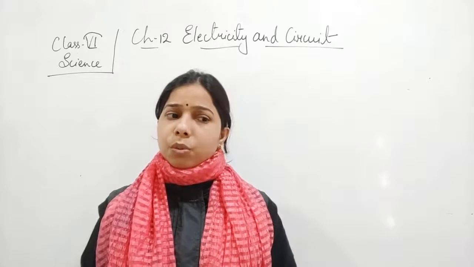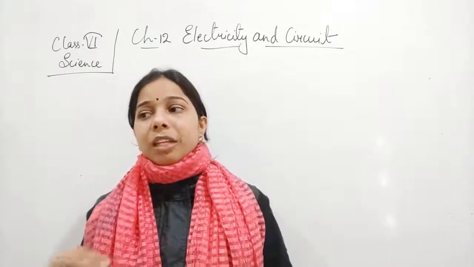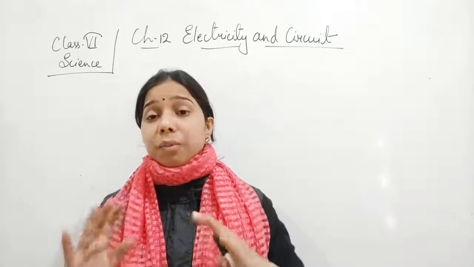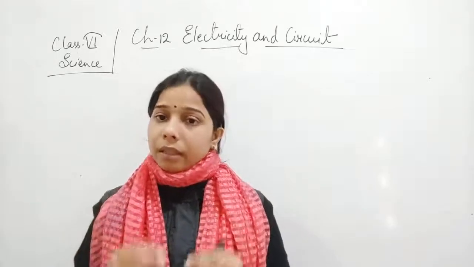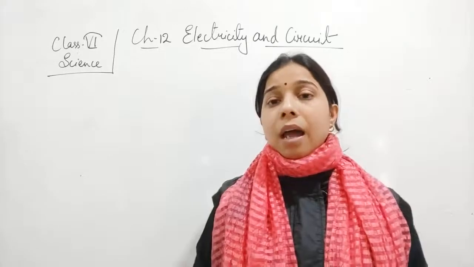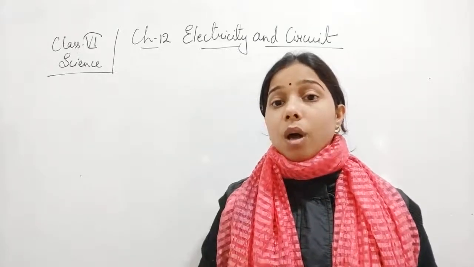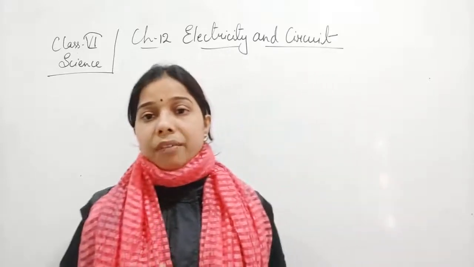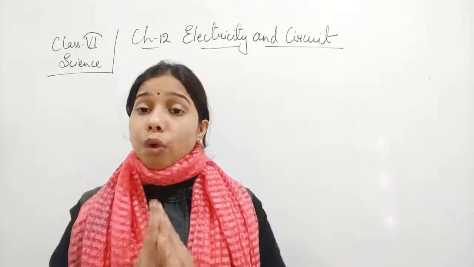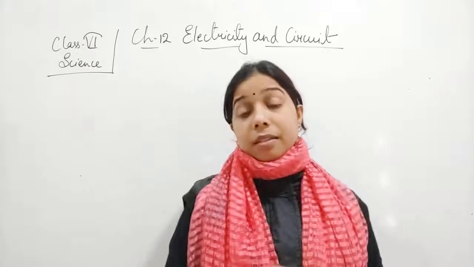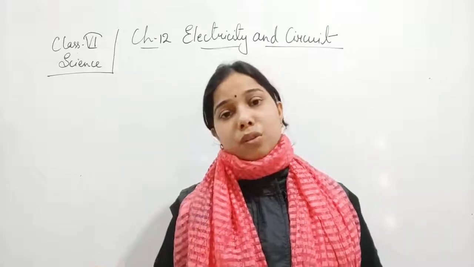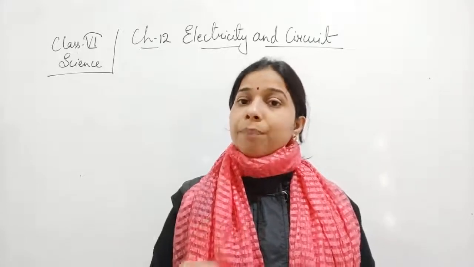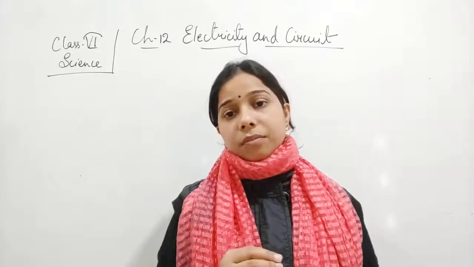Now, you see students, if it is not connected well, it means either one of the terminals is not connected properly, and that is why the circuit remains incomplete. And when the circuit remains incomplete, at that time the bulb will not glow. Okay, so the bulb will glow only when the circuit is complete. So what does it indicate? It indicates that since electricity is not flowing through it properly, that is why the bulb is not glowing.